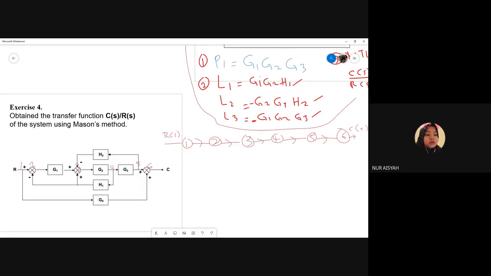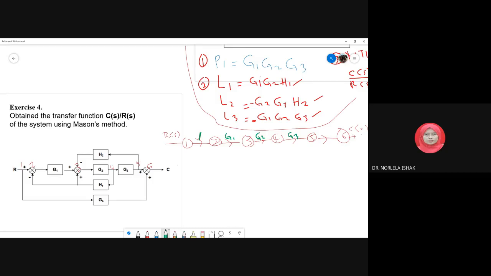One between 2 and 3. Okay, between 1 and 2, what's between 1 and 2? 1. Okay, between 1 and 2, 1. Between 2 and 3 is G1. 3 and 4, G2. 4 and 5, G3.